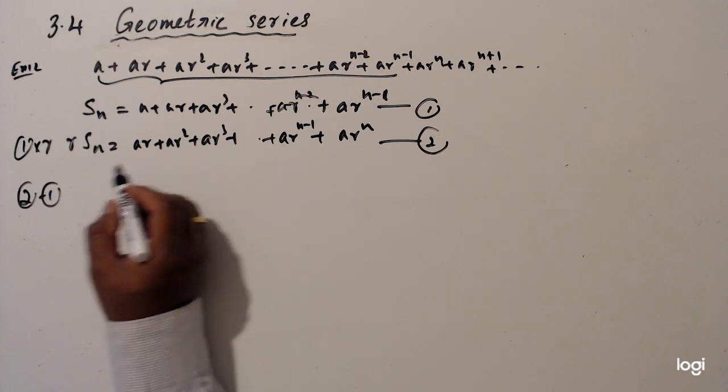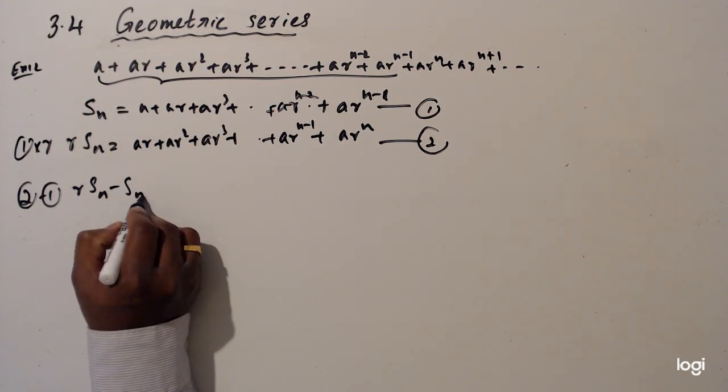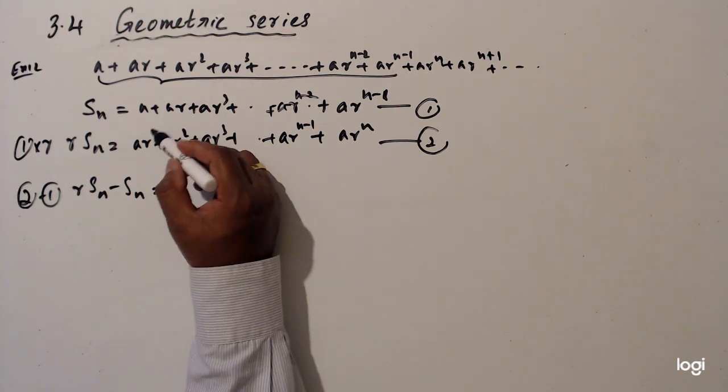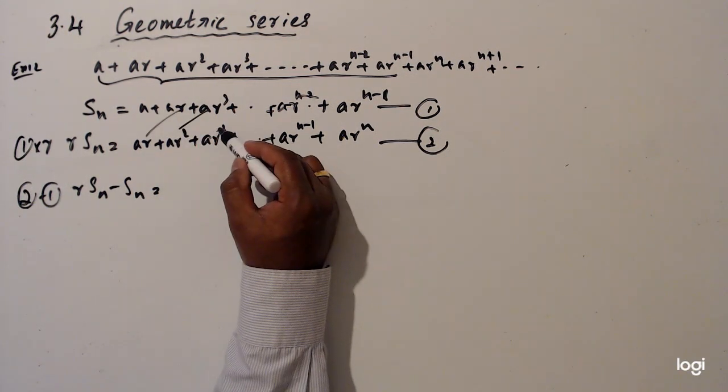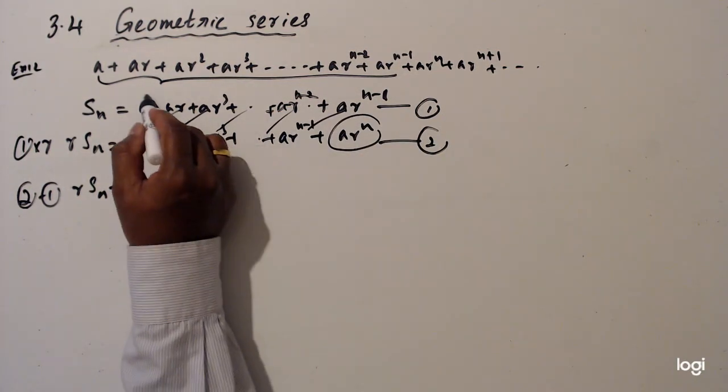Now you can see that R Sn minus Sn equals, these all terms are going to cancel out, and remaining is this one and this one.